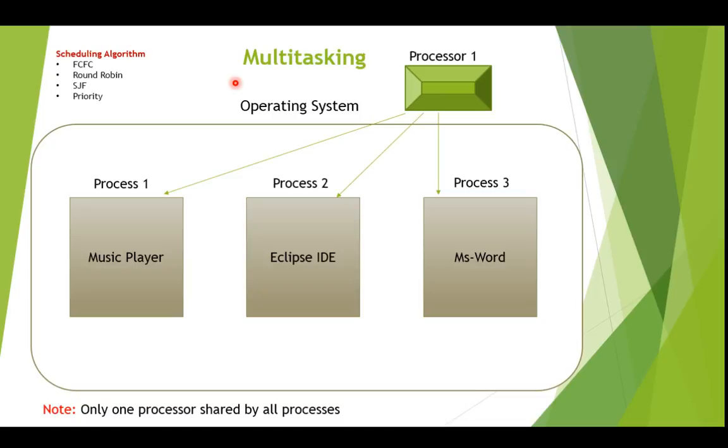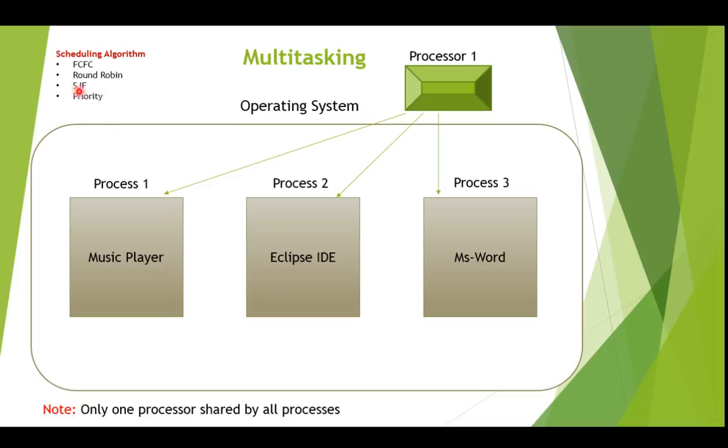So here in multitasking, you can see in this picture we have only one processor which handles all these three processes. This processor uses scheduling algorithms, that is first come first serve, whichever comes or requests first gets executed, and round robin, which is akin to first come first serve, but it has a time slice allocated to each job.